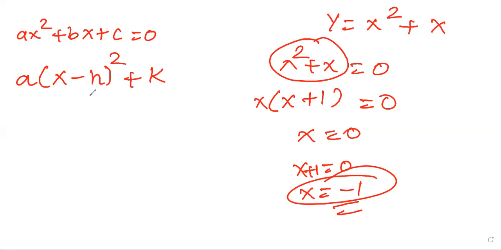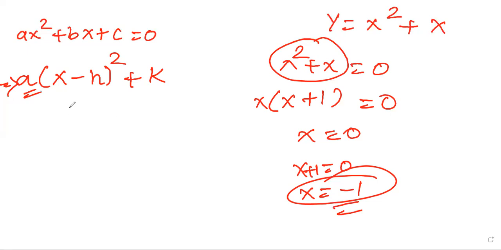But in general, what if you have the equation as 5x square minus 30x plus 49? In that case, you have to rewrite the quadratic equation as a times x minus h the whole square plus k.